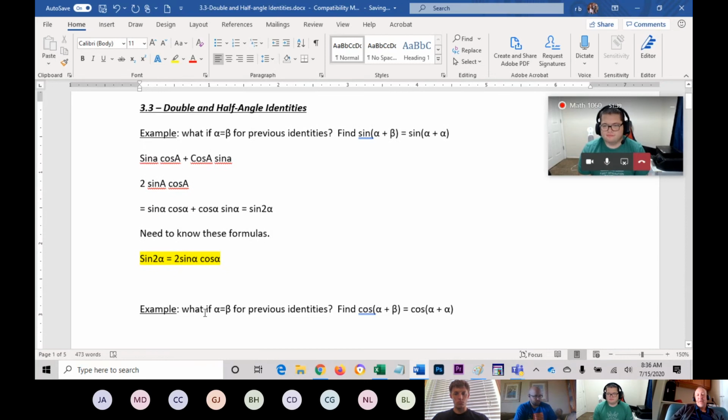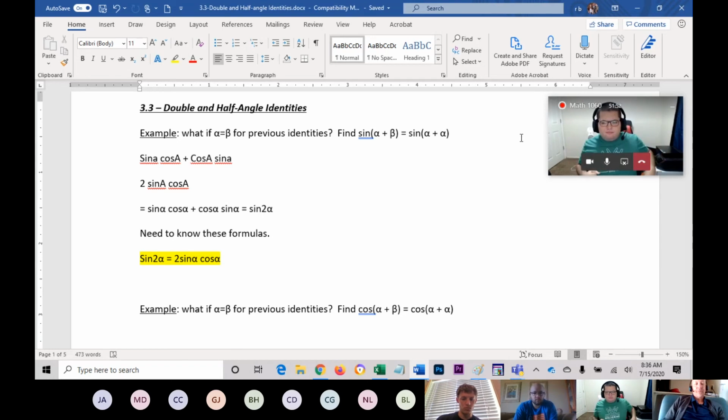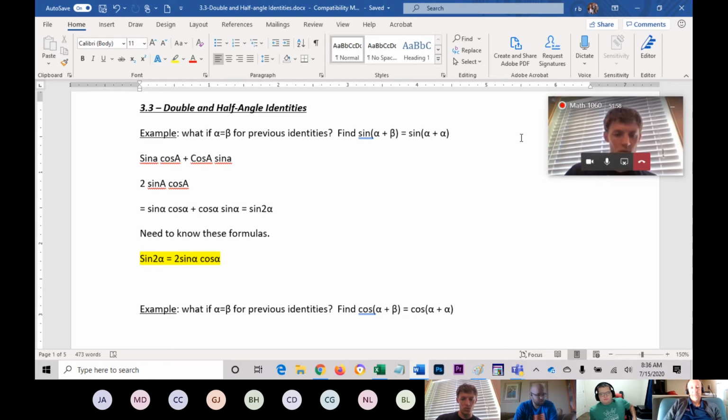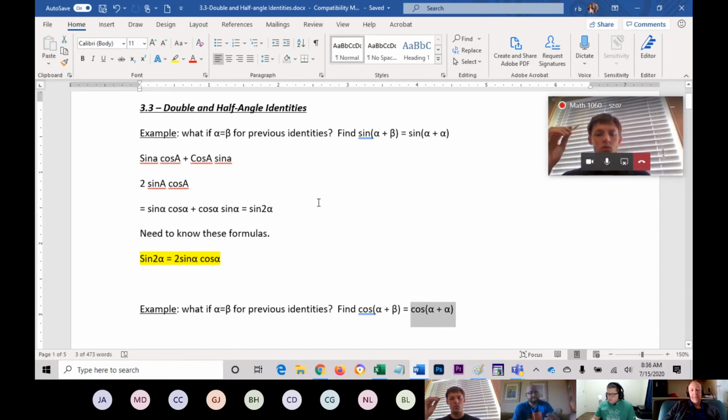So let's do the same thing. What if alpha equals beta? Find the cosine of alpha plus alpha. Tate, it must be your turn. Can you do the same thing that Texas just did? I want you to find the cosine of alpha plus alpha using the identities that we learned yesterday.